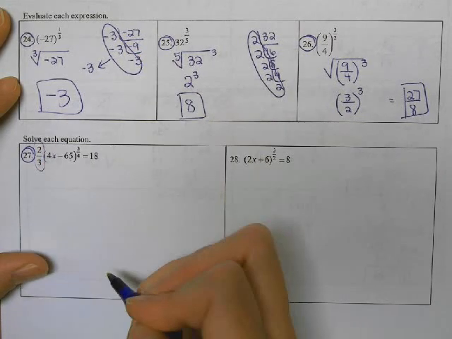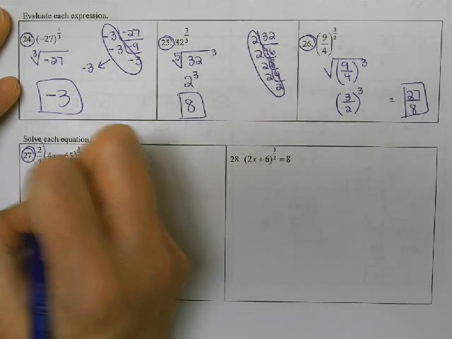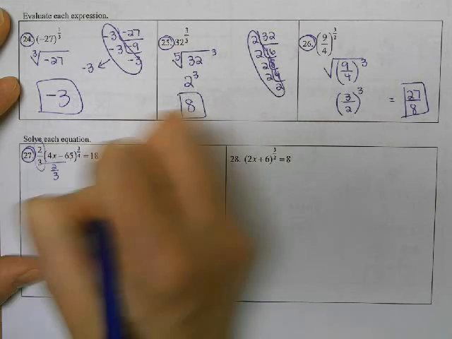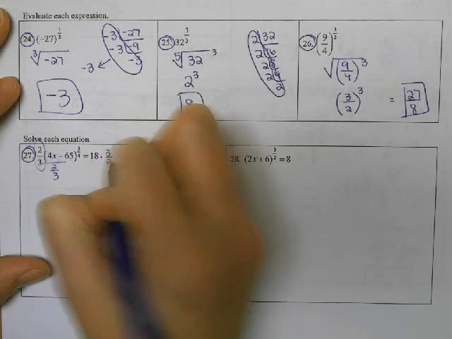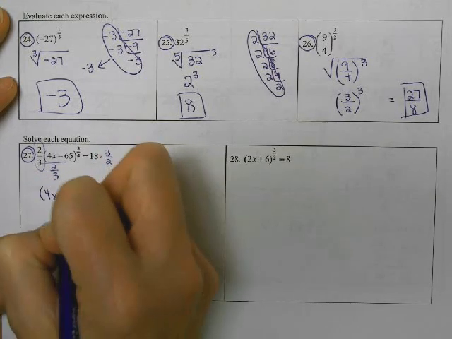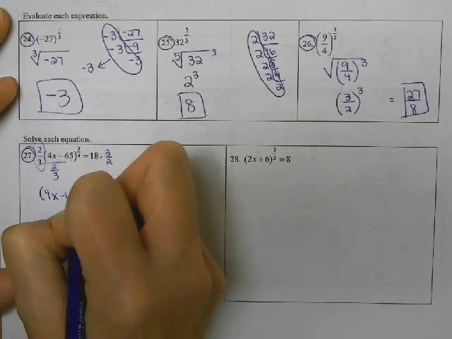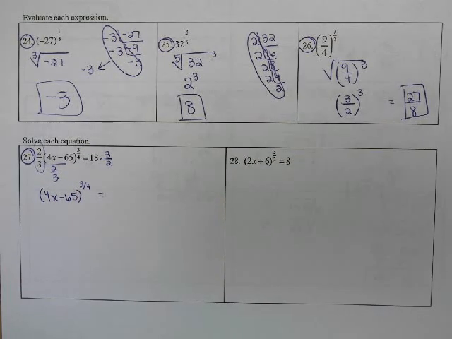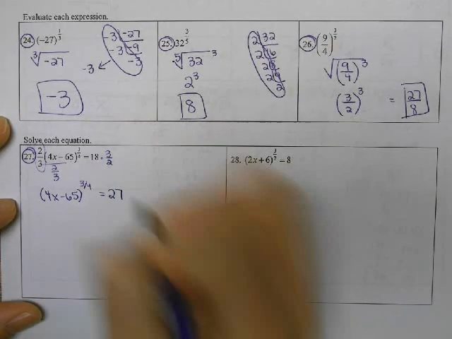So I need to get rid of this 2/3 first. So I can divide by 2/3, but I know that dividing by 2/3 is really the same thing as multiplying by the reciprocal, which means I'm going to get (4x minus 65) to the 3/4 equals 18 times 3 divided by 2 gives me 27.